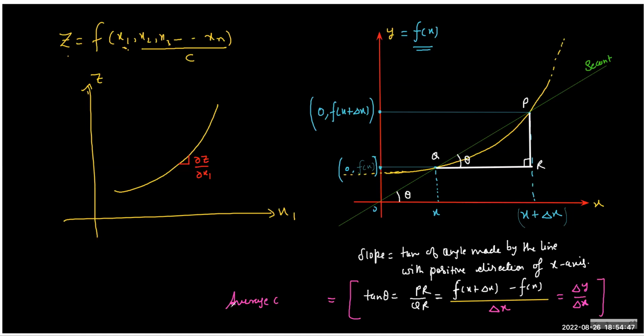When you find the change between two distinct points which are quite far from each other, this is called the average change, or average slope. So, average of change of y upon change of x.